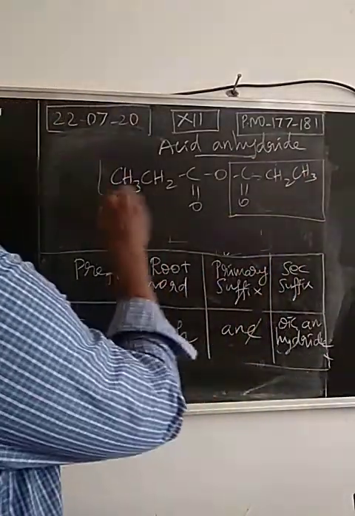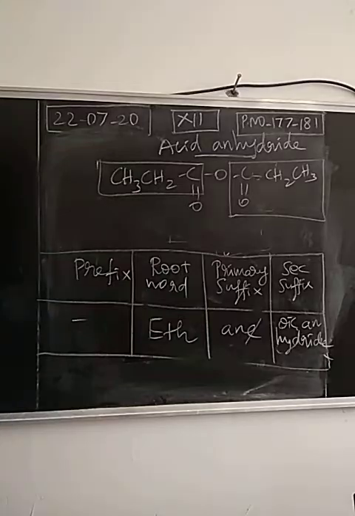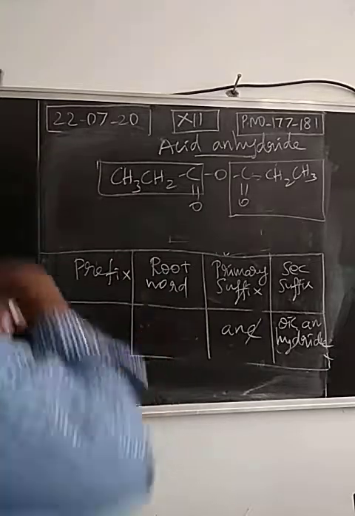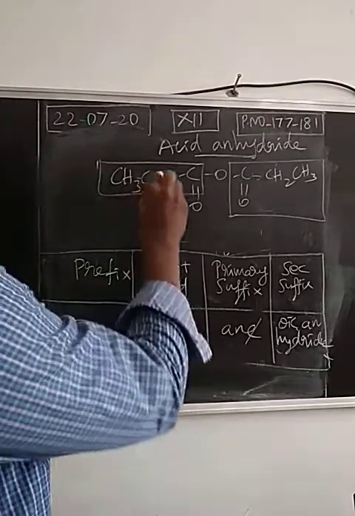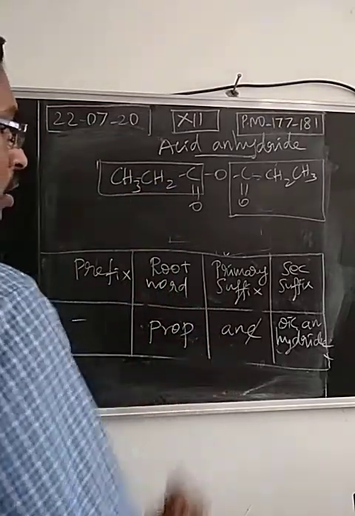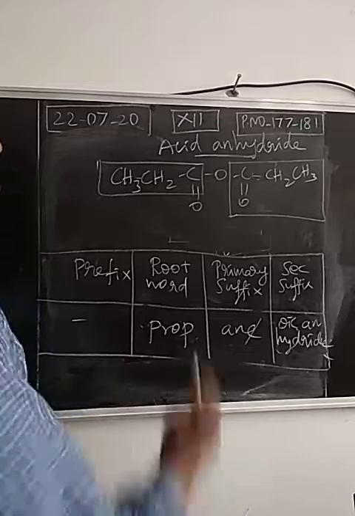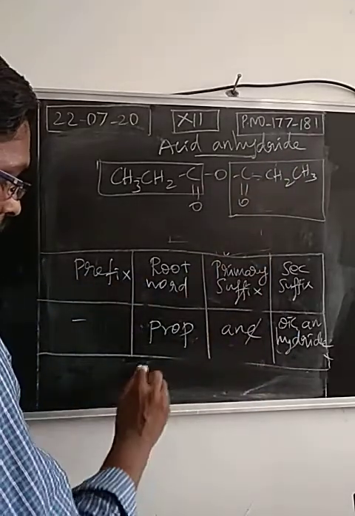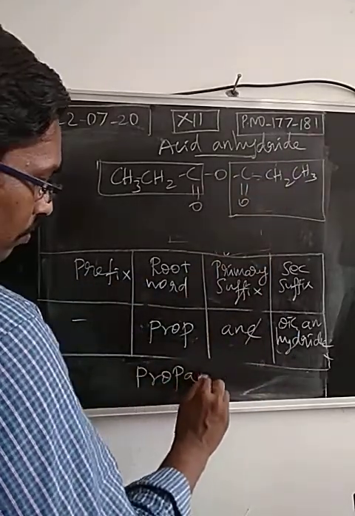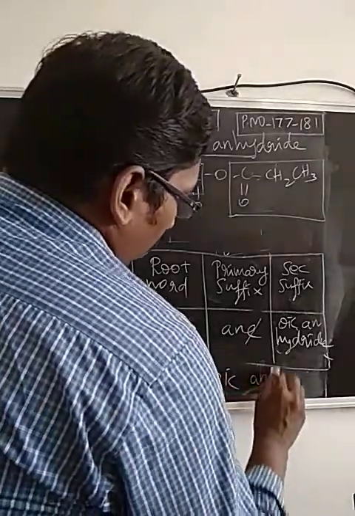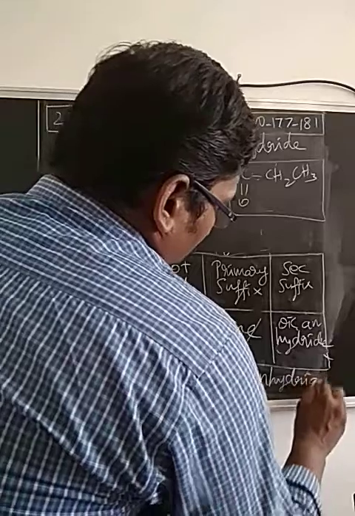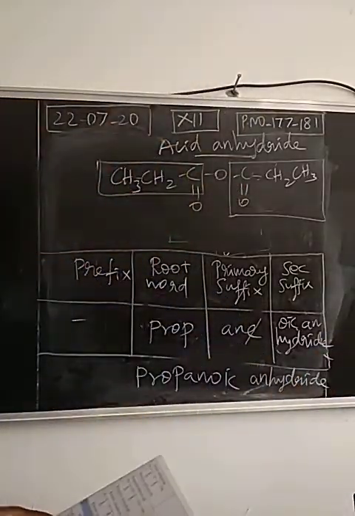Remaining, select the longest chain: 3 carbon atoms in the chain. So root word prop, only single bond, ane. Secondary suffix for the functional group, oic anhydride. So this is propanoic anhydride.